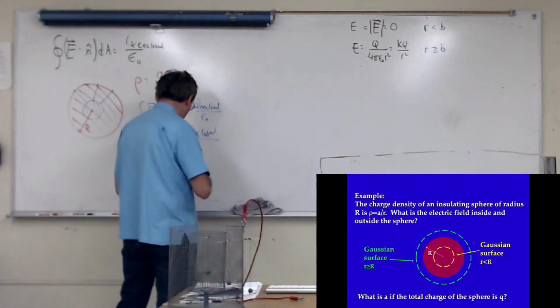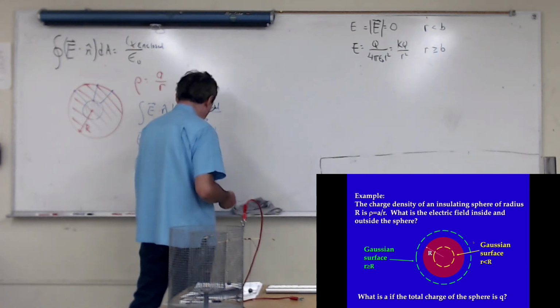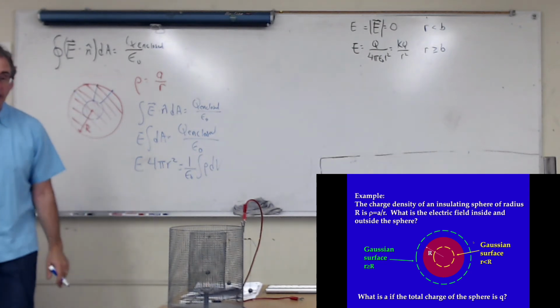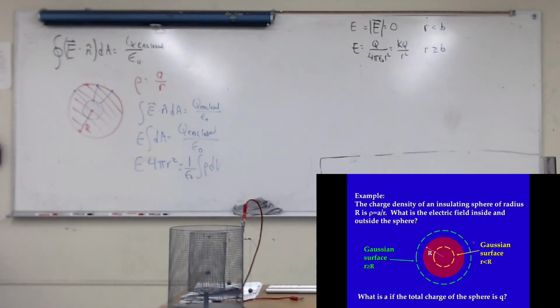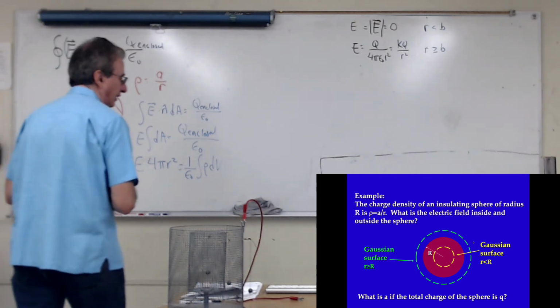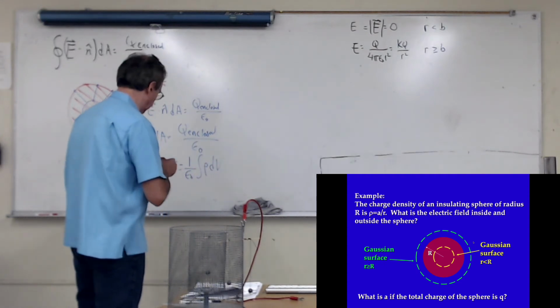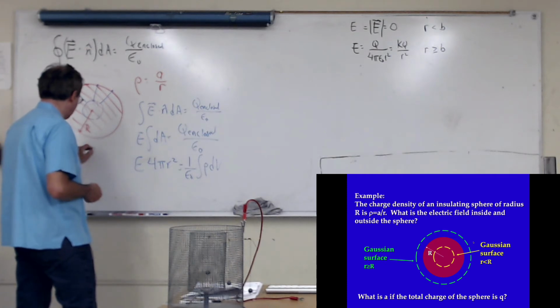I got to say, oh, this is equal to 1 over epsilon naught times the integral of rho dV. How do you break up a sphere into volume elements? Well, because the charge density only depends on R, then I can break the sphere up into a bunch of layers, like layers of an onion. And so dV is 4 pi r squared dr.